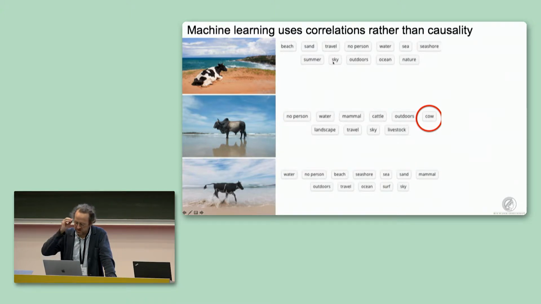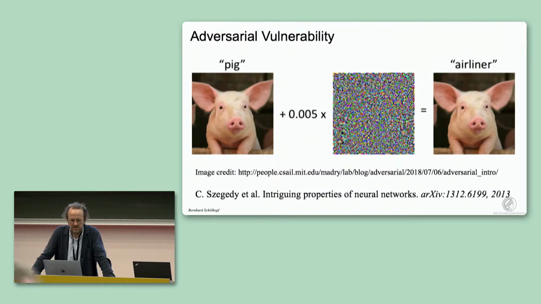In other words, we could summarize this as saying machine learning uses correlations or statistical dependencies rather than causality. In an even more extreme way, this shows up in the recent phenomenon of adversarial vulnerability.